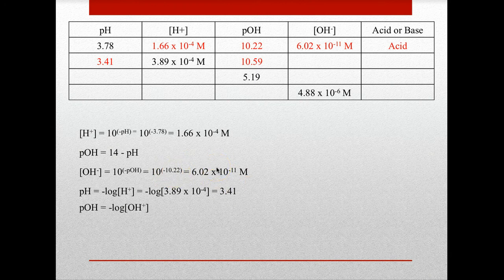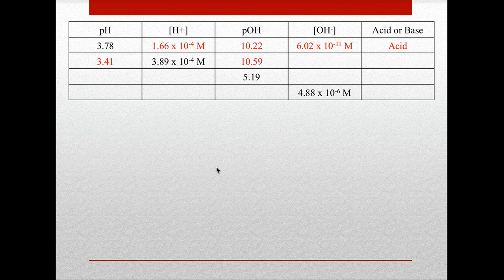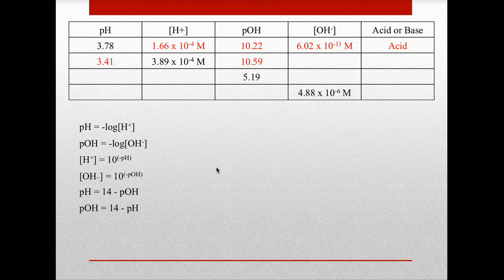Okay, so just keep in mind that there's 6 equations. You're given this first equation here, and then rearrange it to get these 2 equations. Now remember, pH, H, pOH, OH. It's the same one, you just substitute in H or OH.